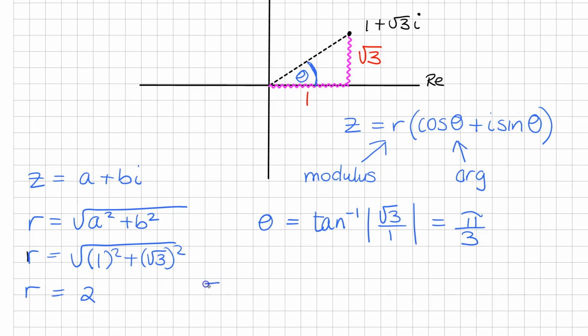So this implies that the complex number 1 plus root 3i can be written as r, which we found to be 2, times cos of pi over 3 plus i sine pi over 3.